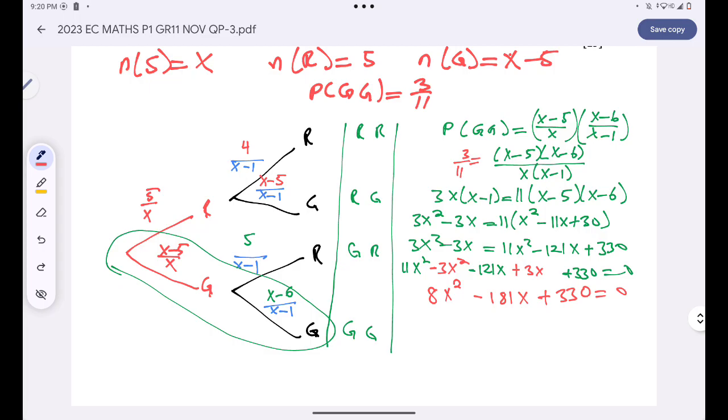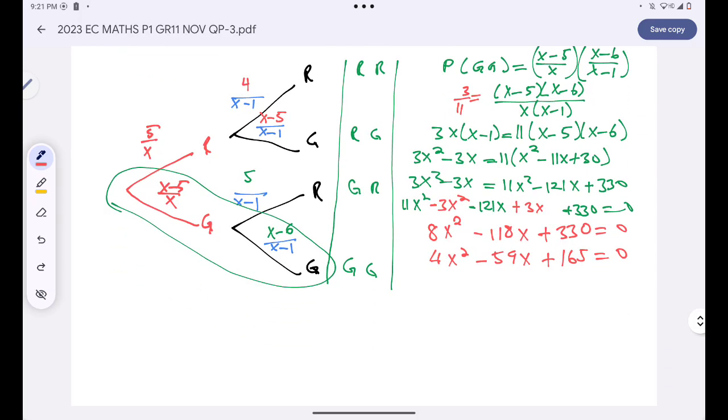I can divide everything by 2 here. This will give me 4x squared minus 118 divided by 2, which gives 59x, plus 330 divided by 2, which gives 165, is equal to 0.